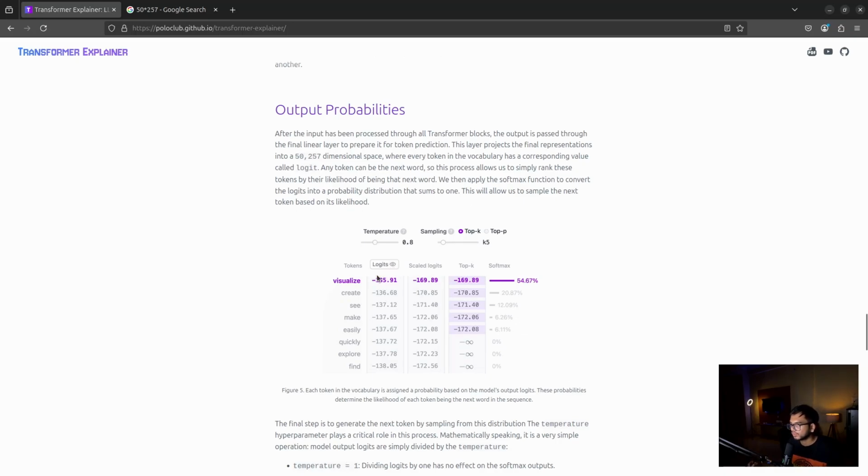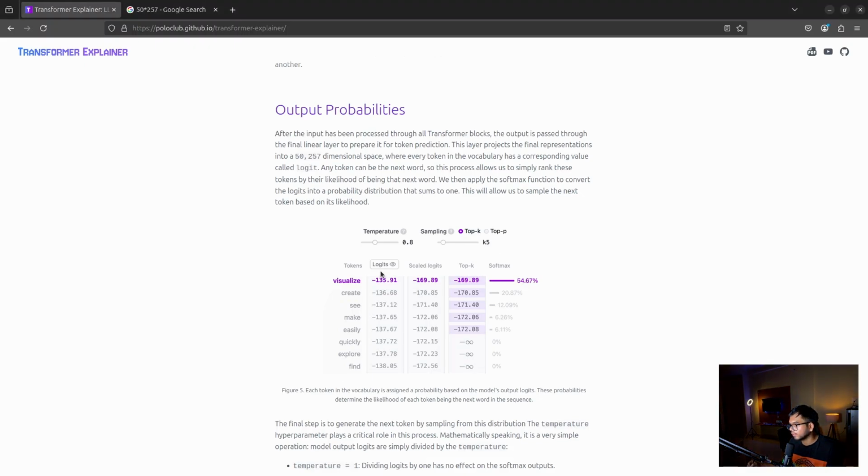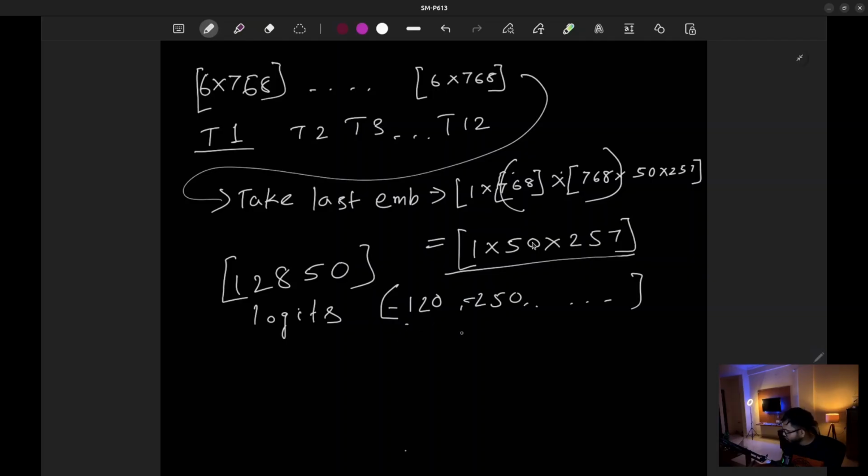Each token has a value, right, like minus something, 120 or 250, something like that. So there will be 12,850 values, and these values will go through the softmax to get an output between 1 and -1.